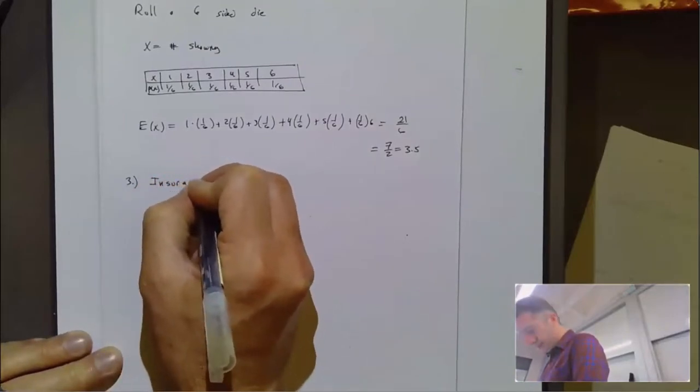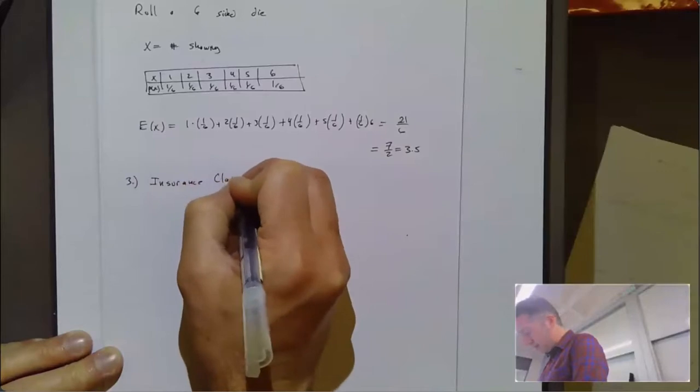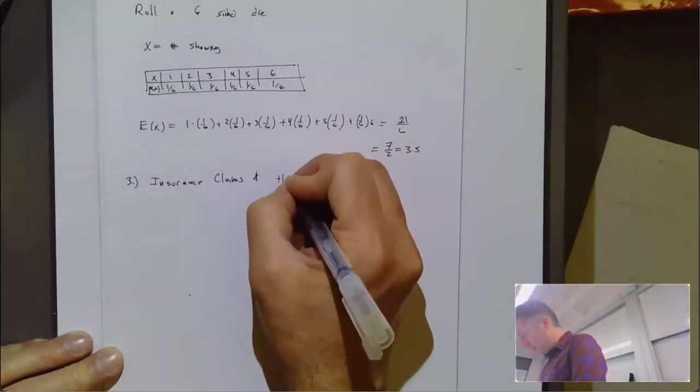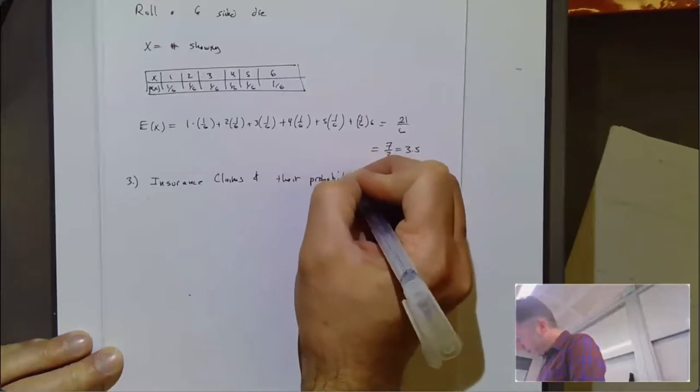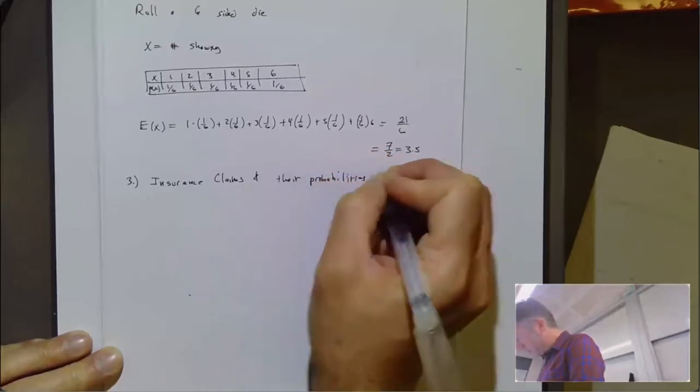Insurance. Insurance claims and their probabilities are shown in the table below.